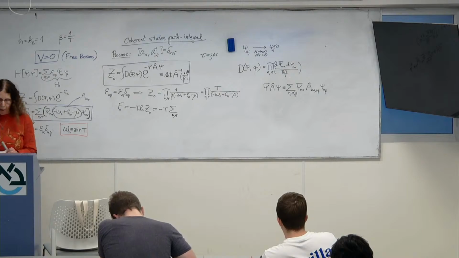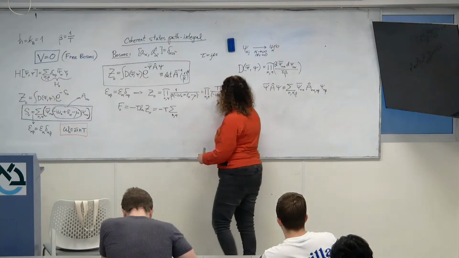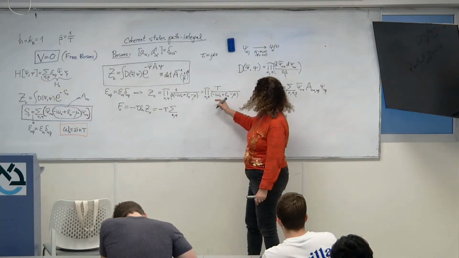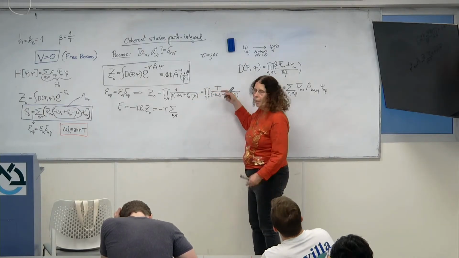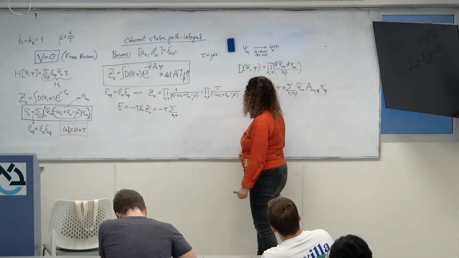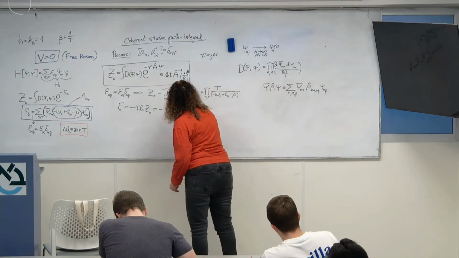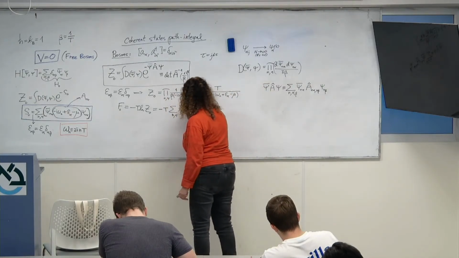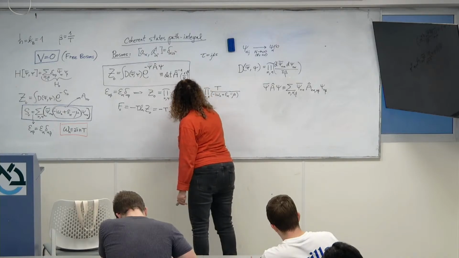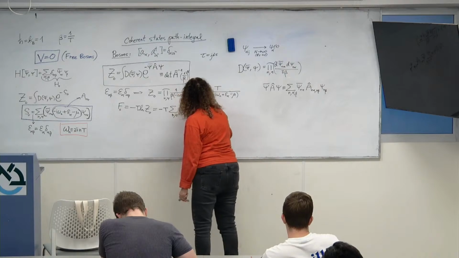Because it's in the denominator, first of all the log of T will give you just some constant, something that does not depend on the energies. It's not interesting, but what you're going to get is a log of this.